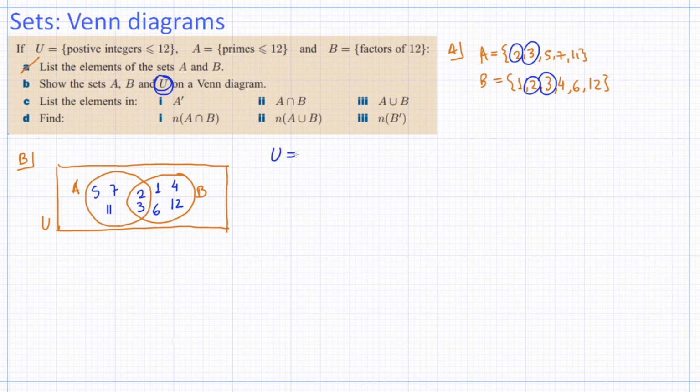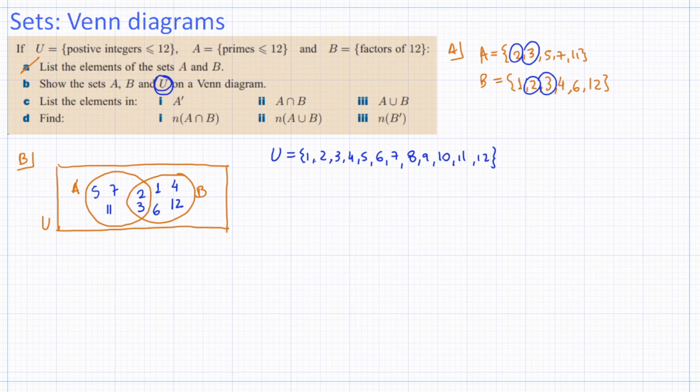If you find it difficult, you can express the numbers here. So 1, 2, 3, 4. Since it's less than or equal to 12, 12 will be an element of our universal set.